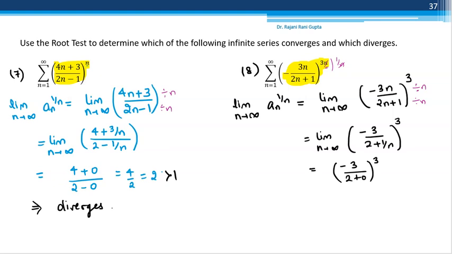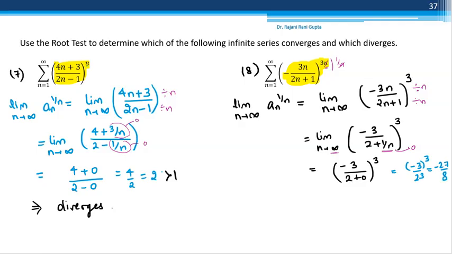As n approaches infinity, this term becomes 0, similar to how that term becomes 0. So this gives you minus 3 to the power 3 over 2 to the power 3, that is minus 27 over 8.